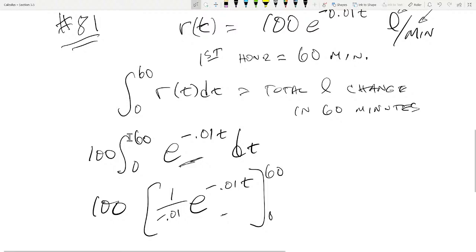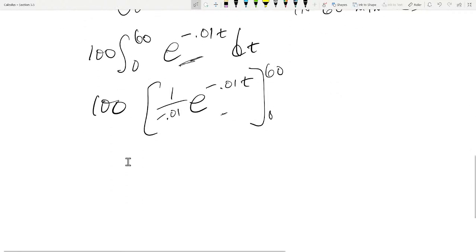Okay, we can do a little housekeeping here with that minus 0.01 in the denominator. It's 1/100th, so when you flip it, it becomes 100.